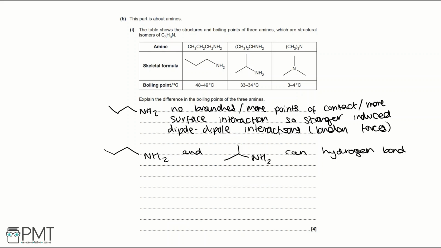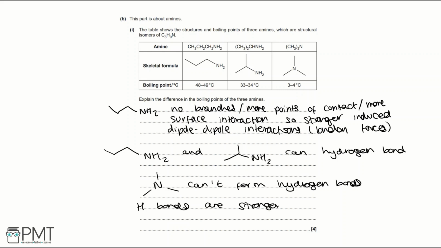Whereas this third amine, the nitrogen lone pair isn't accessible, it can't form these hydrogen bonds, which is why its boiling point is so much lower than the other 2. And the reason for the difference between the first 2 is because of the induced dipole-dipole interactions.